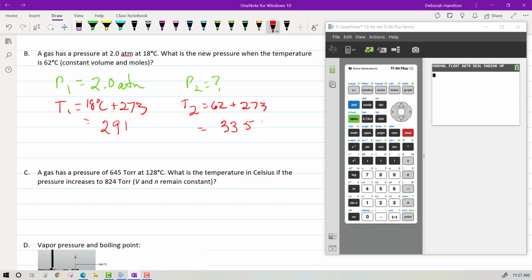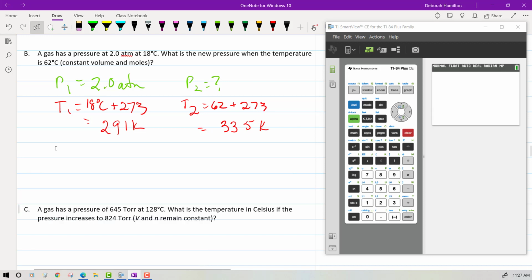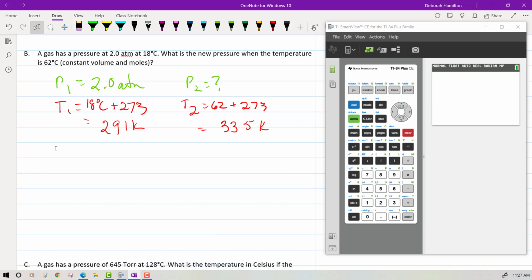So far, so good. Remember this is a Kelvin temperature. If we're solving for P2, we can predict what's going to happen if this is a direct relationship. If the Kelvin temperature is increasing, then the pressure also needs to increase.